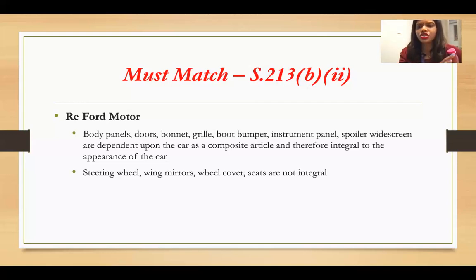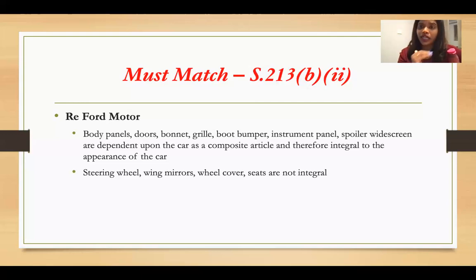But if I substitute the steering wheel, the appearance of my car will not likely change. It will still look the same, because integral parts are things that are very, very important to the appearance of the car.